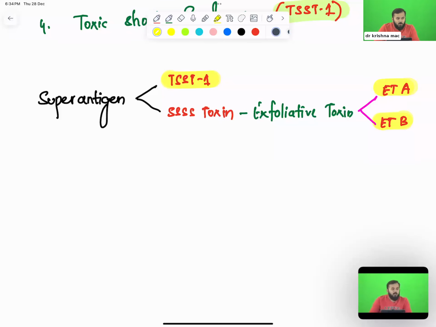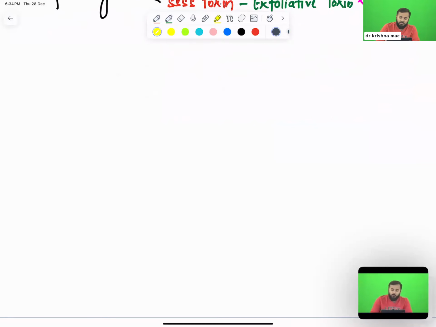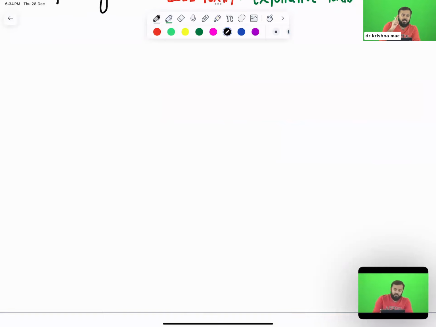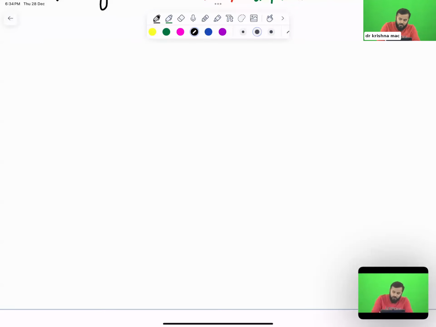Okay. Right. Now all of you look here. What is a superantigen is that, see, this concept is really very important. Just understand this. Your pathology will be easy. All of you just put your pens down. Just look here, whatever I'm drawing. Everyone, okay? See, let us say this particular cell which I'm drawing right now.